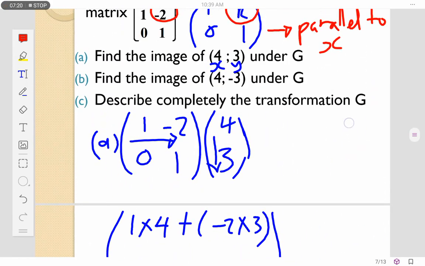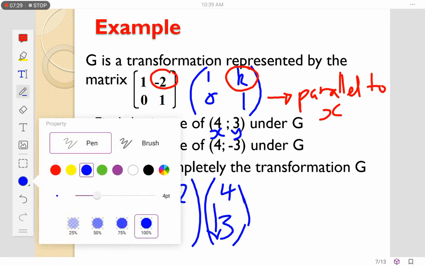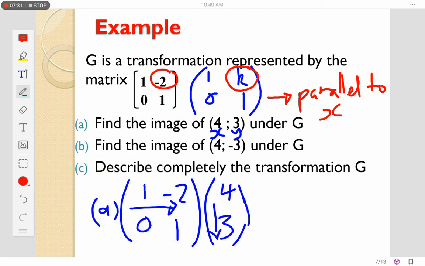The last question was saying describe completely the transformation G. To describe it completely, we said this is a shear matrix, this is a shear transformation. So first of all, we talk of the transformation being a shear. Then we talk of the shear factor.